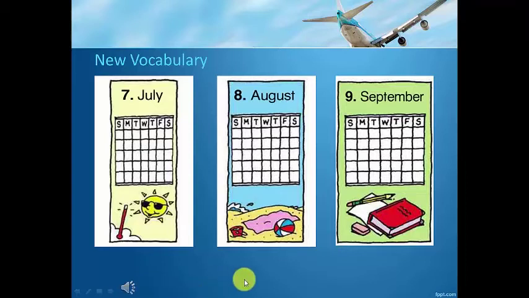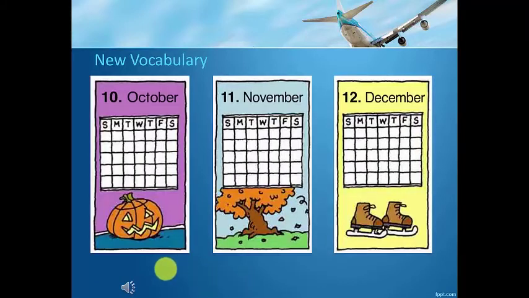Number 7. July. Number 8. August. Number 9. September. Number 10. October. Number 11. November. Number 12. December.